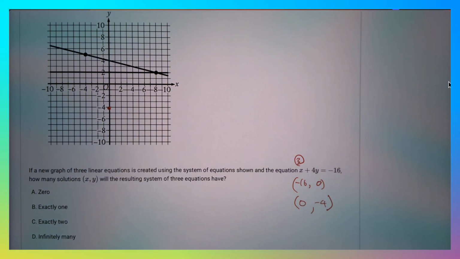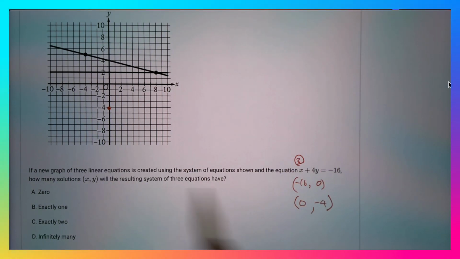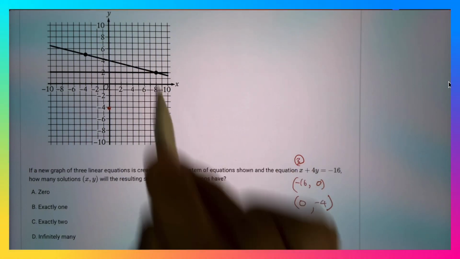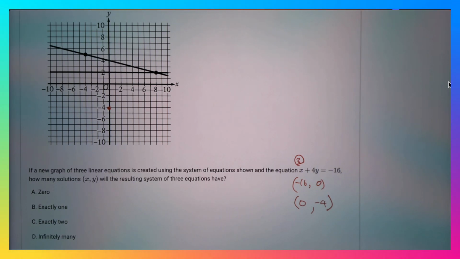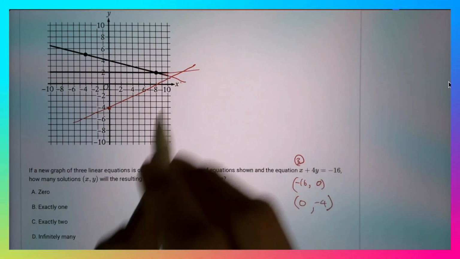Okay, so there is a single point, and another point that we can definitely try is positive 8. Because remember, when you have three lines, the solution occurs when all three lines cross. If they do not pass through a common point, then we just don't have a solution.